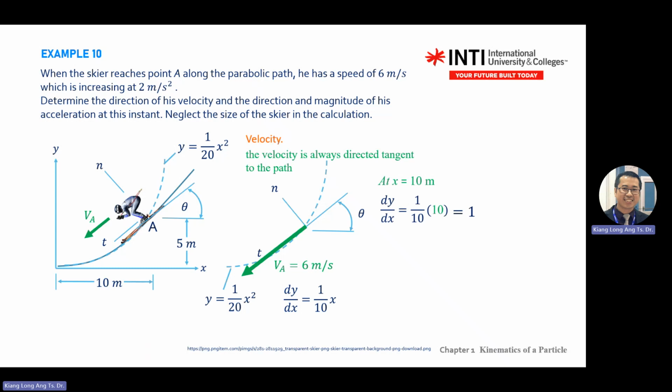At that particular location, position A, at this instant, your x equal to 10, your dy/dx is 1.